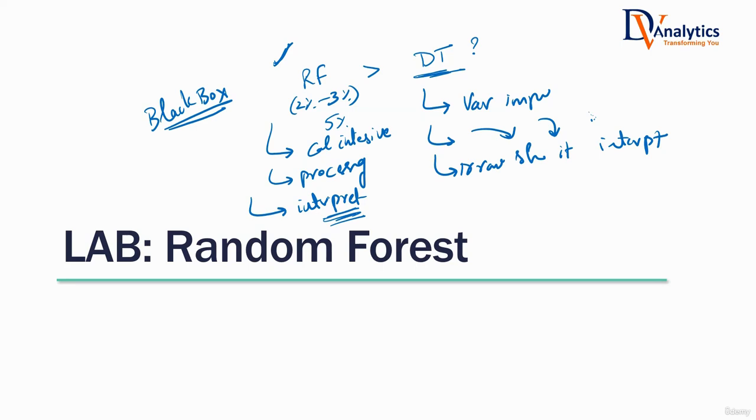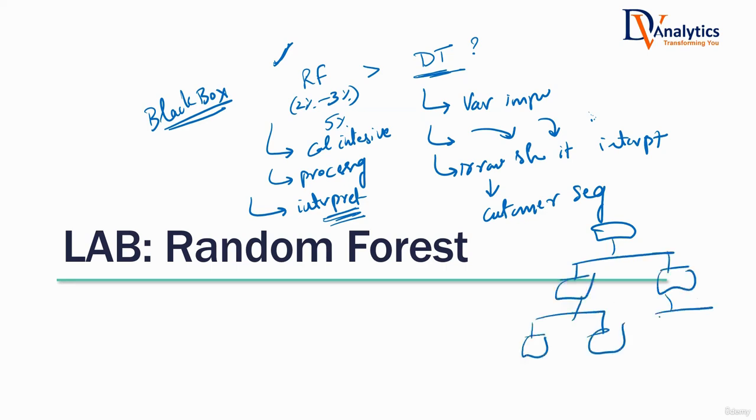Another important issue with the random forest is that in decision tree, finally you will get customer segments as the output. Yes or no? If you want to do marketing segmentation, decision tree apart from prediction, what does it give? It will give you customer segments as the output. We apply strategy 1 on segment 1, strategy 2 on segment 2, strategy 3, strategy 4.